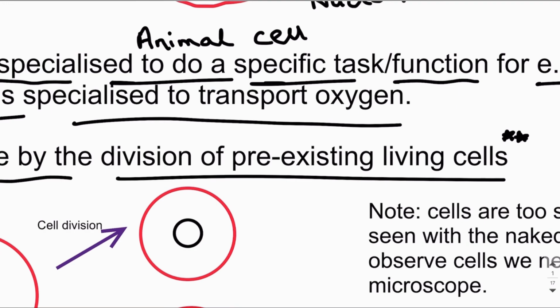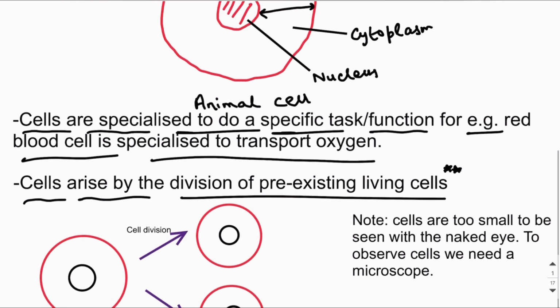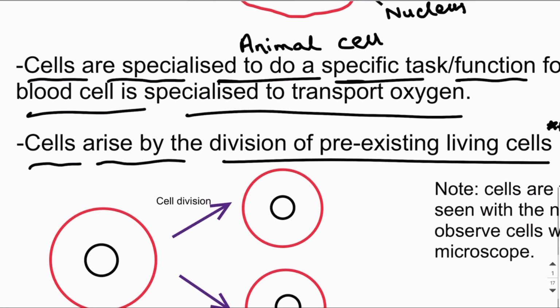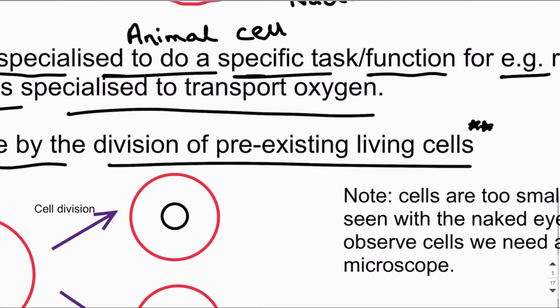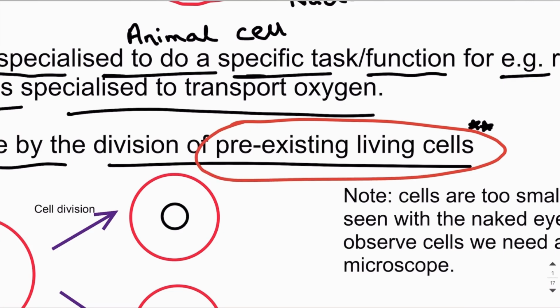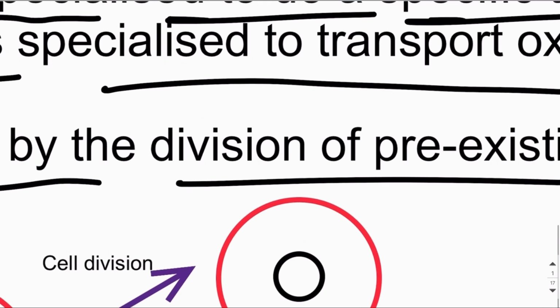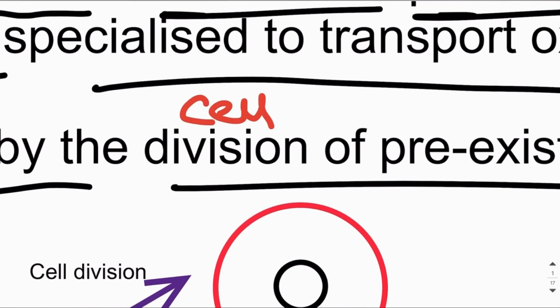Why? That's because I have pre-existing living cells. A dead body cannot make new cells because although it has pre-existing cells, those cells are dead, right? So we can make new cells only from pre-existing living cells, and that too by a process called cell division, right?